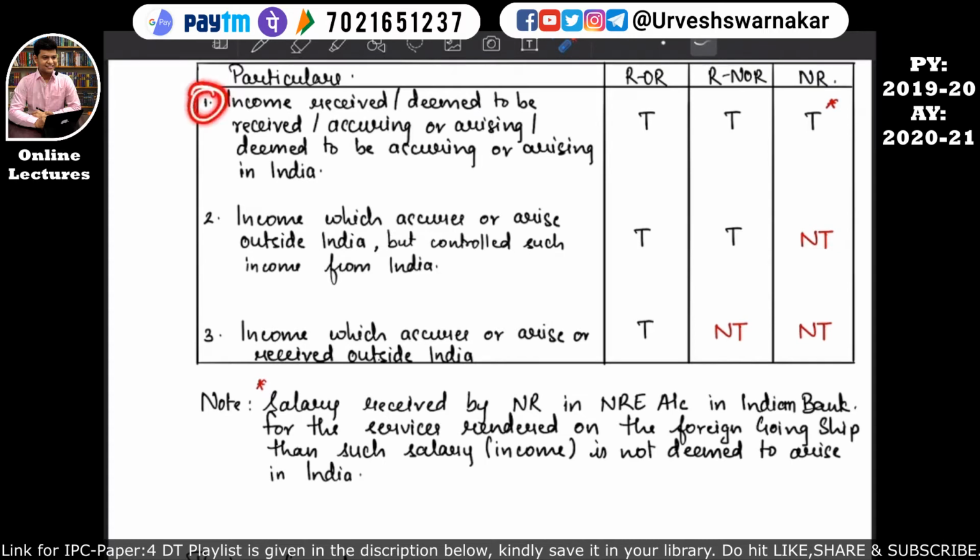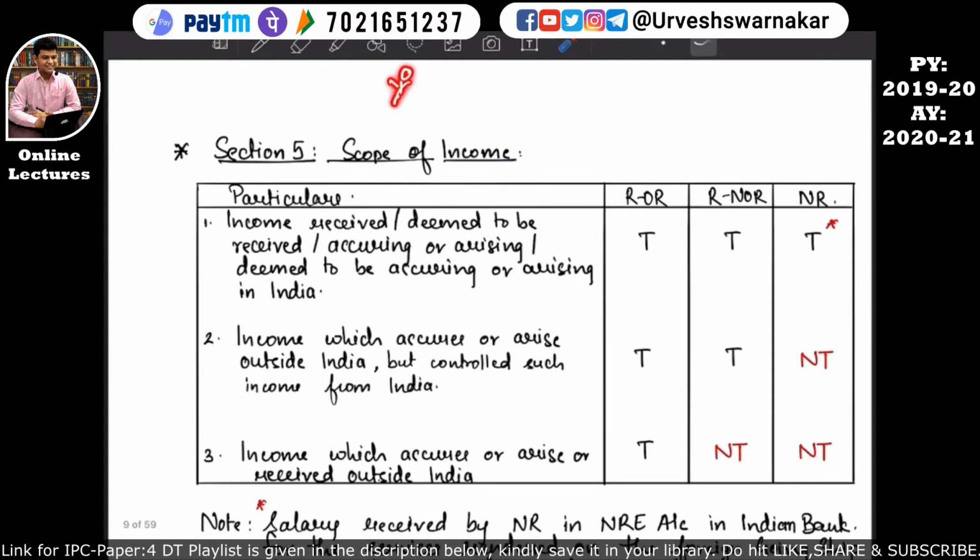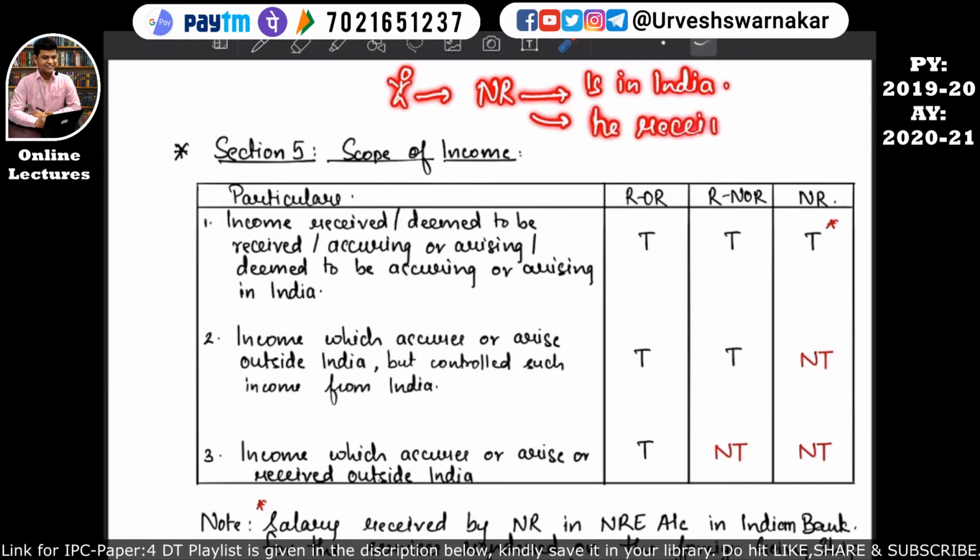So I hope you all have understood point number 1 under the particulars. Let's understand point number 2. What does point number 2 say? Income which accrues or arises outside India but is controlled from India. So understand this over here. This is our individual. For example, understand that this is a non-resident first of all. This non-resident is in India, and when he is in India, he received some income in foreign.